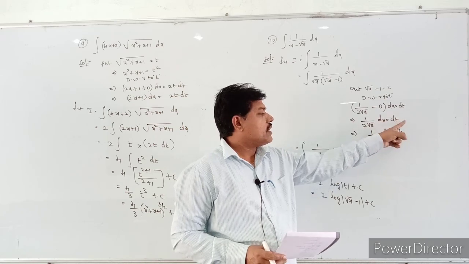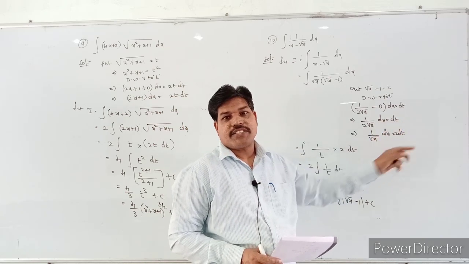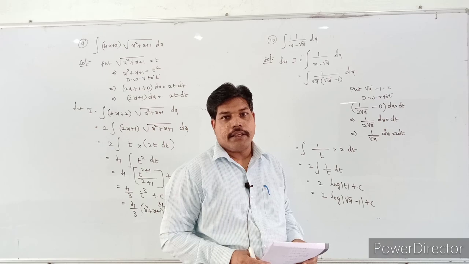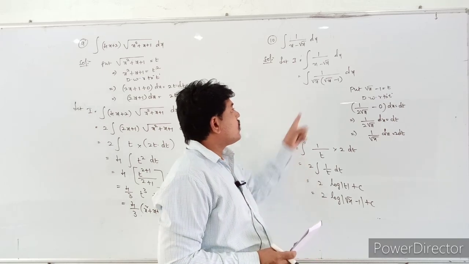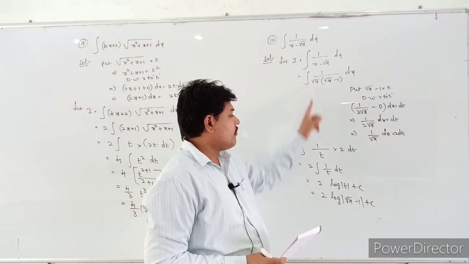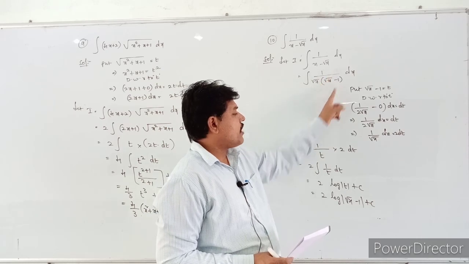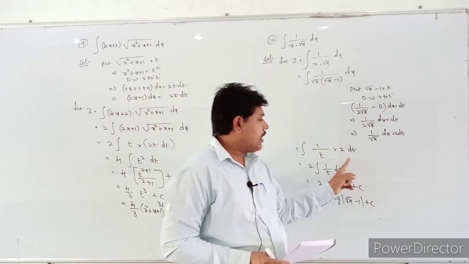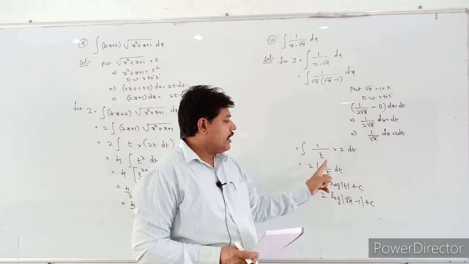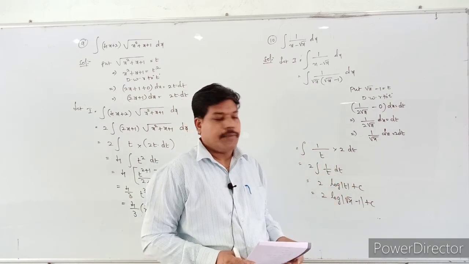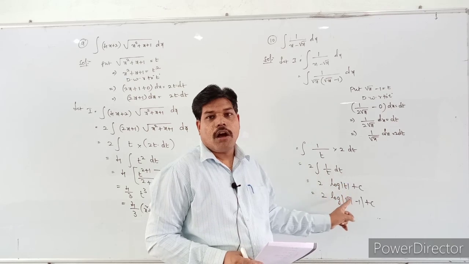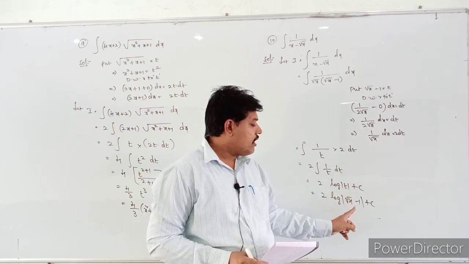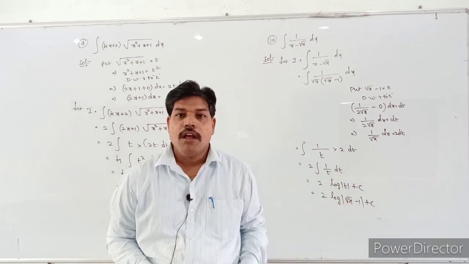Take this 2 to that side, 1 by root x into dx is equal to 2 into dt. So continue, that is equal to integral of 1 by t, and dx by root x is equal to 2 into dt. Take this 2 out, it becomes integral of 1 by t into dt. Integral of 1 by t is log of mod t. The t value is nothing but root x minus 1, plus c.